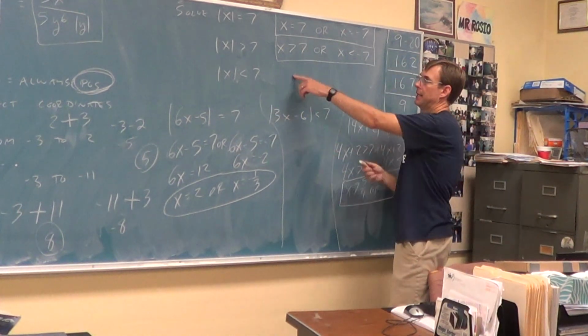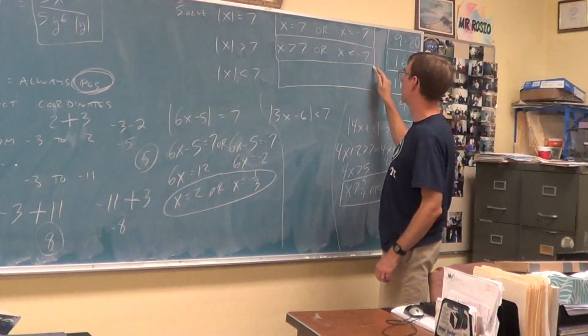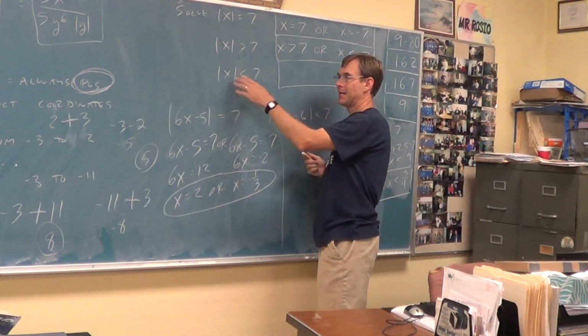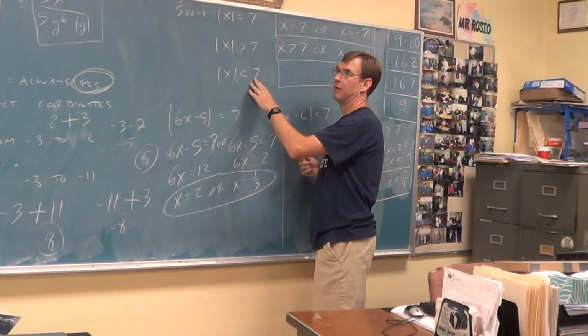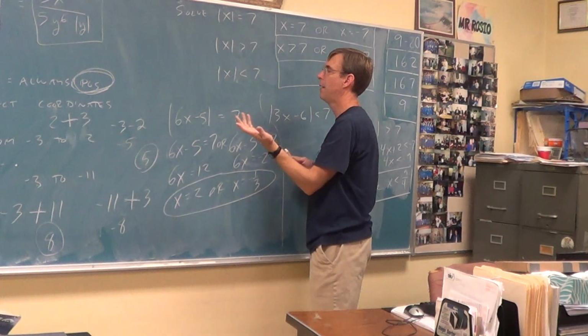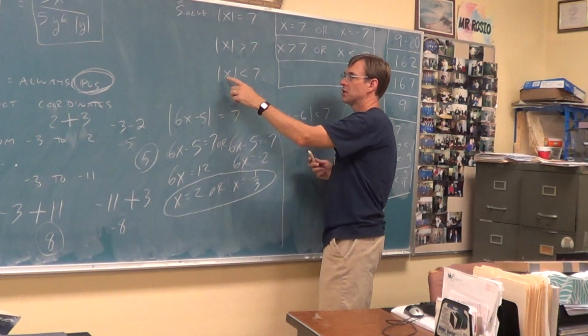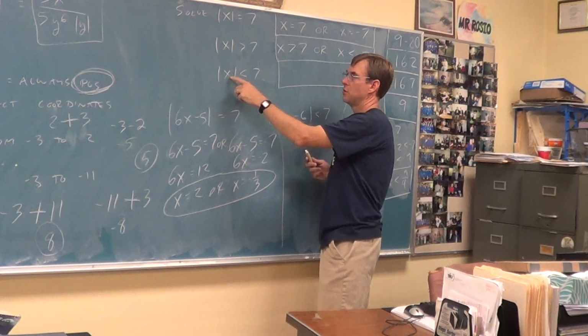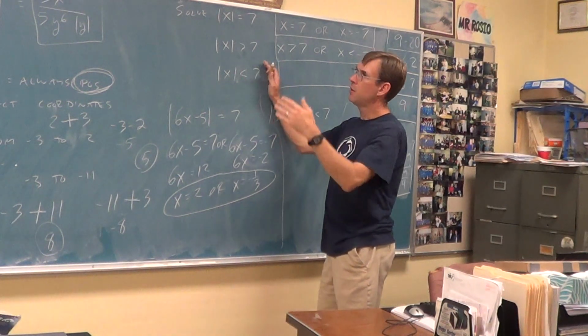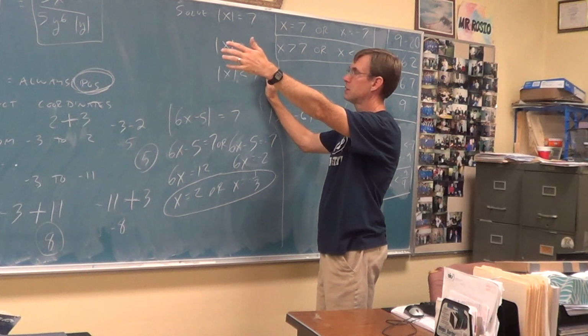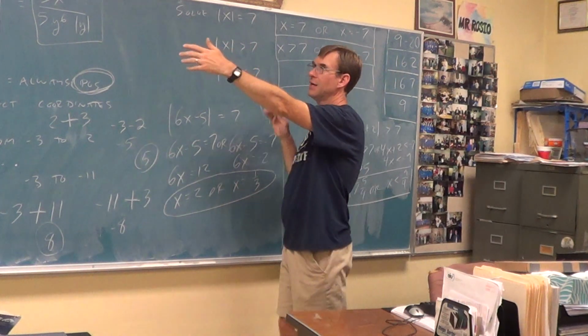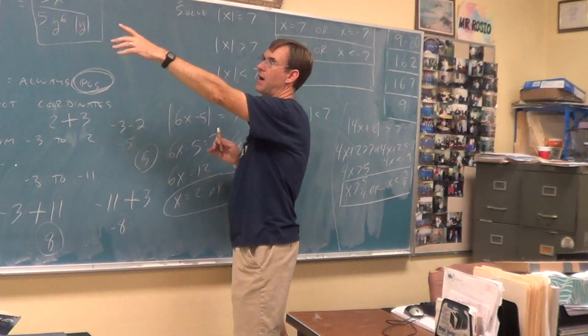Last option is less than. Think about where on the number line you get absolute values under 7. Pause it, think it over, come back. Places on the number line where the absolute values are under 7 would be like 6, 5, 4, 3, 2, 1, 0. But then even into the negatives, negative 1, 2, 3, 4, 5, 6.